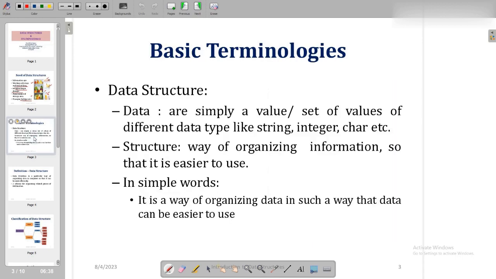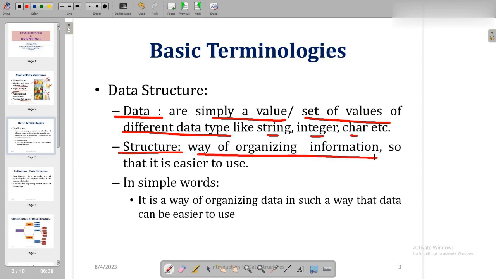Now move on to the basic terminologies of data structure. Simply split the words and understand the meaning of data structure. Data is simply a value or set of values of different data types. We can consider data types like string, integer and character. And structure means a way of organizing the information so that it is easier to use on the next day or in a future time.